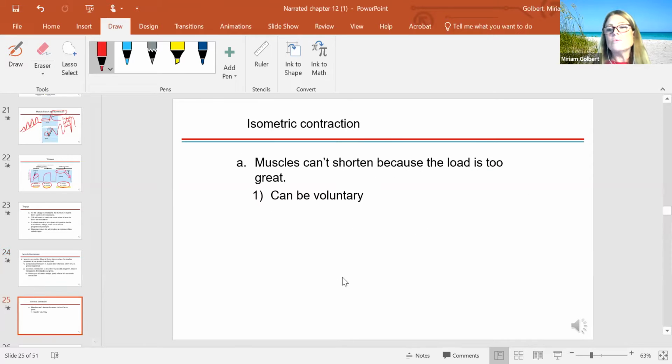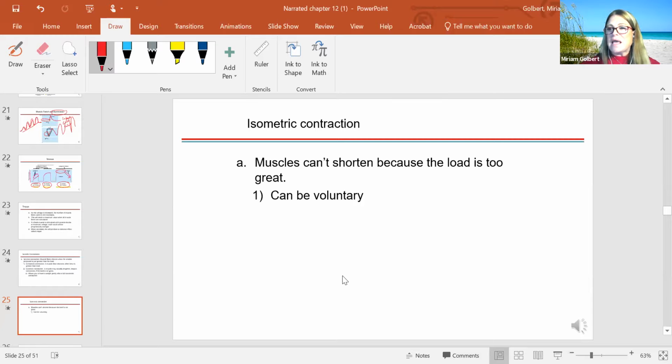And then we have isometric, which we don't realize that we do a lot, but it is there. We need it as well when the muscles don't shorten, okay? So for isometric, the typical example is when you push your arms against the table, right?